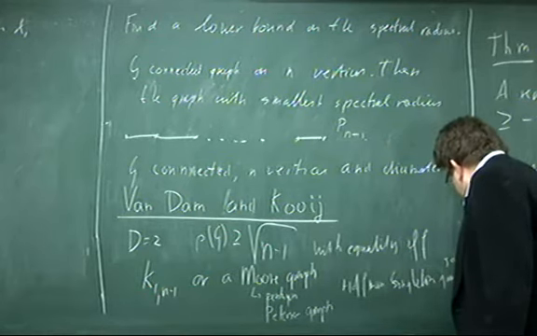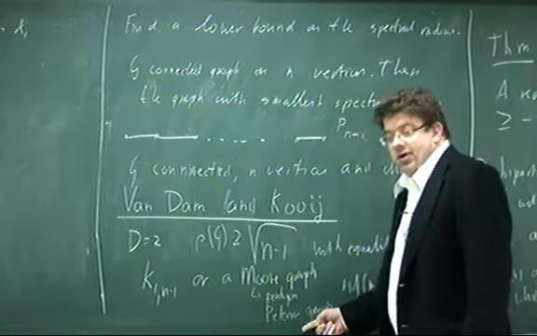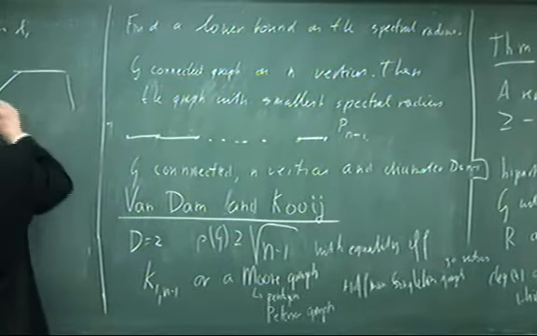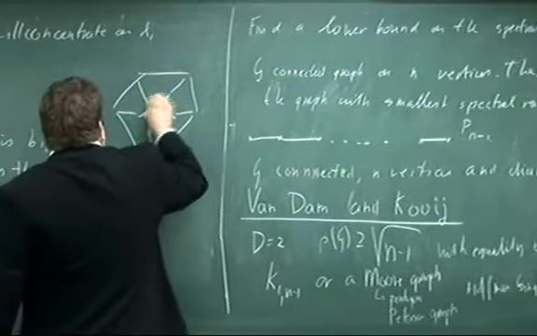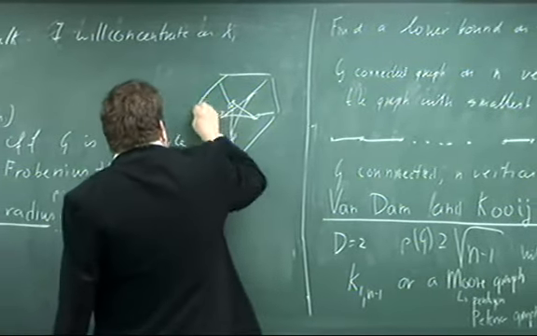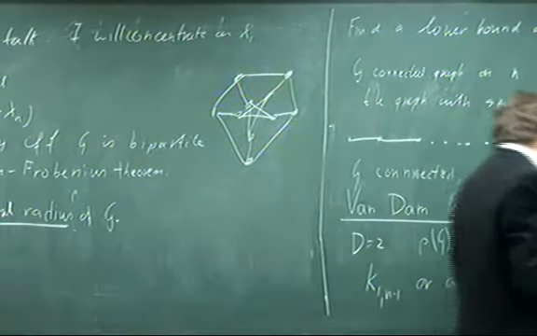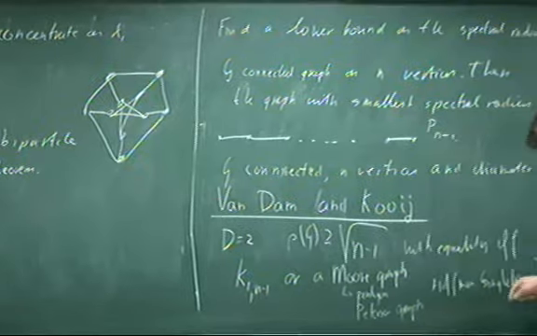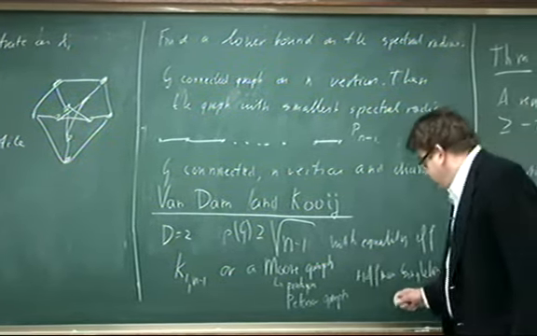I cannot draw it on the blackboard, I'm sorry. The pentagon everybody knows. The Petersen graph I think everybody knows. One way to draw it is this. That's the Petersen graph. And the Hoffman-Singleton graph was discovered, I think, in the 1960s or so.